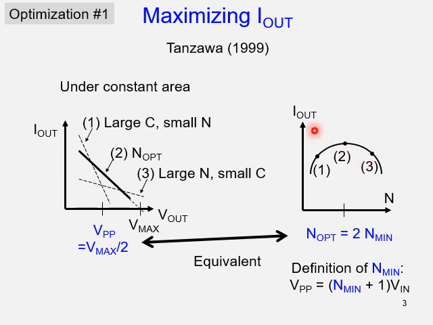Then if your target I out is, say, twice of this point, then your charge pump must be increased by a factor of 2 from a given constant circuit area. Then your capacitor C can be determined. So that's it. Then you run a SPICE simulation to confirm that the method is okay.